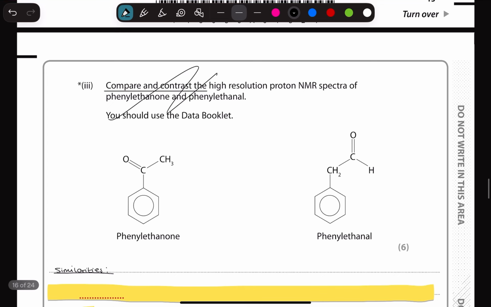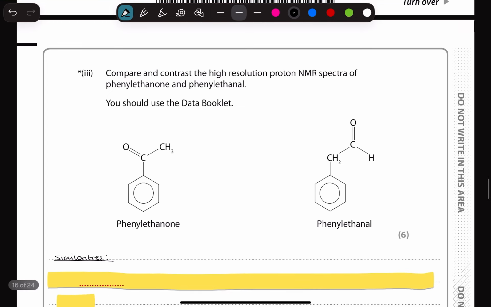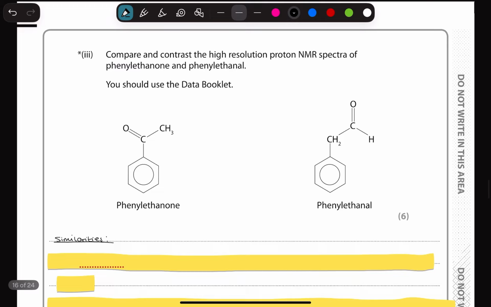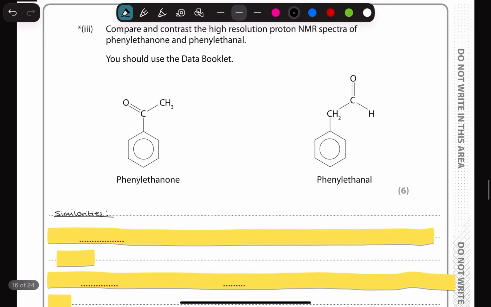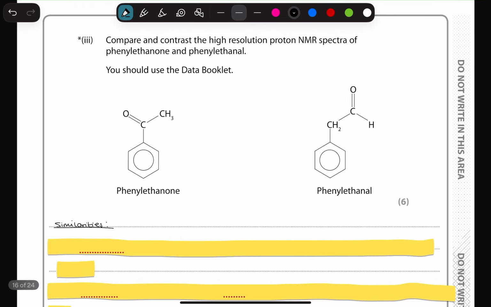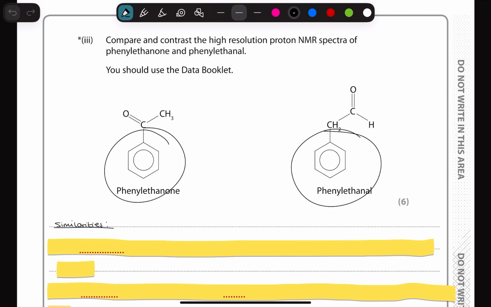So let's get into it then. The first thing that I like to do is similarities, you can start off with differences as well, it doesn't matter. But the first thing you should notice that is very, very obvious is the benzene groups. So of course, both the compounds have a benzene group, which means that the hydrogens within that benzene group would produce a peak.